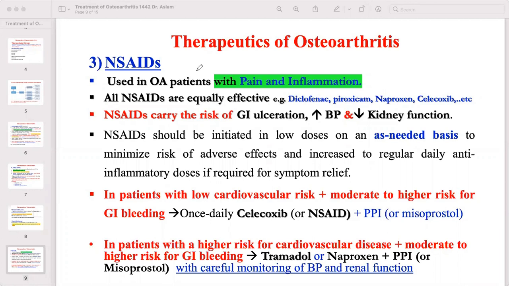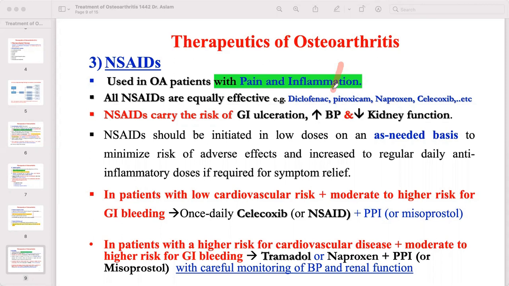Now we discussed acetaminophen and topical formulations, and the third one is non-steroidal anti-inflammatory drugs, used in osteoarthritis patients with pain and inflammation. The most important is inflammation. If there is inflammation, then we need to use non-steroidal anti-inflammatory drugs. If there is only pain, then we use acetaminophen.